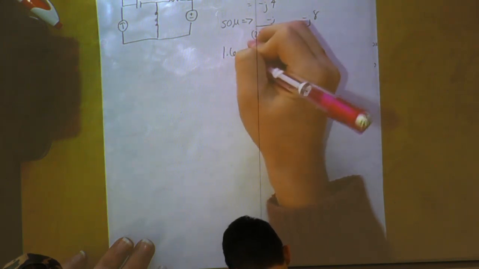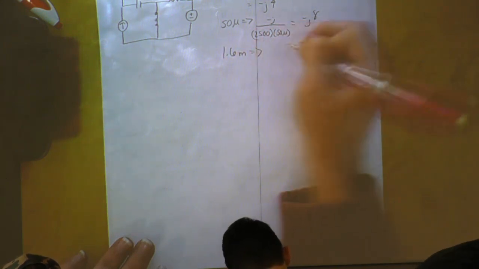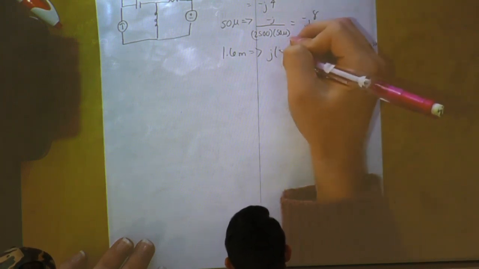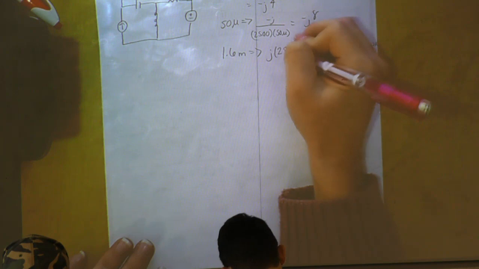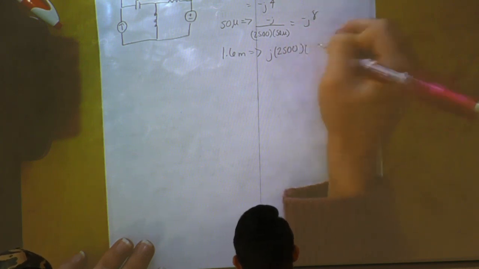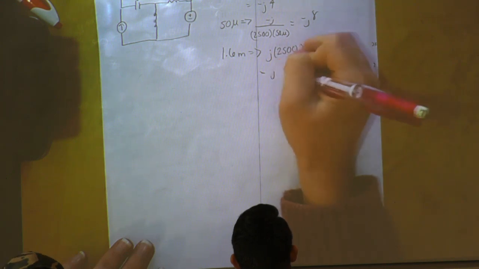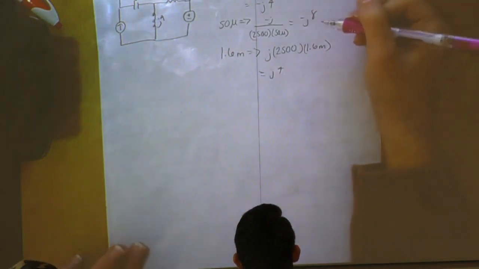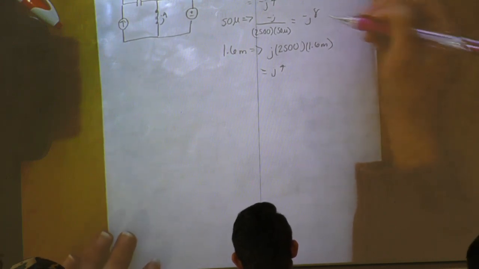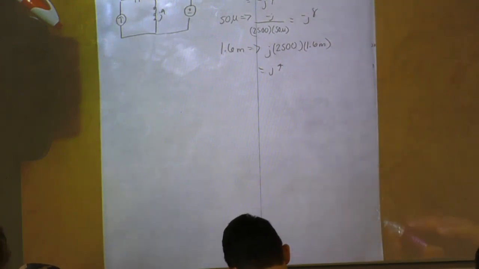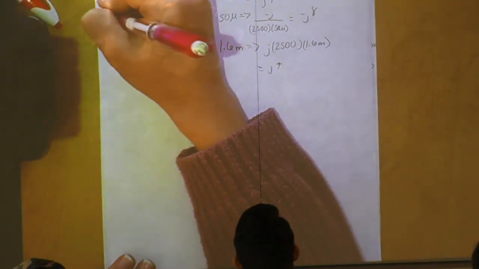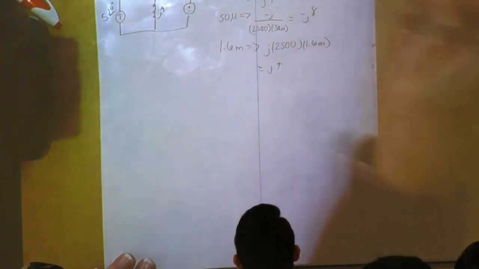Our inductor is J times our frequency times our inductor. This should come out to J4. Everyone knows where I'm getting these equations from, right? Changing it to impedance. Okay, and then our sources, our current will just be 5, angle 0.